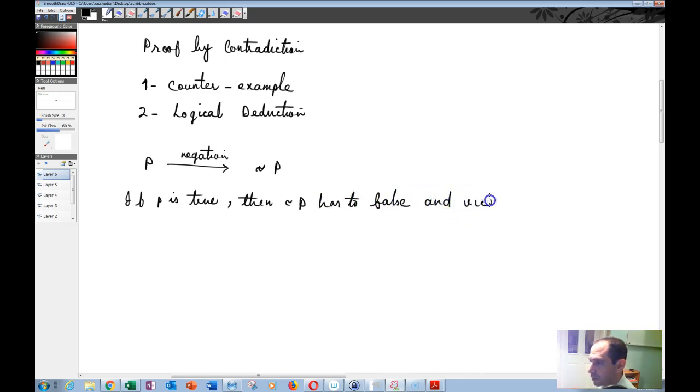Meaning that if P is false, then not P has to be true, because P is the negation of not P, and not P is the negation of P. If one of them is true, the other one has to be false, and vice versa.